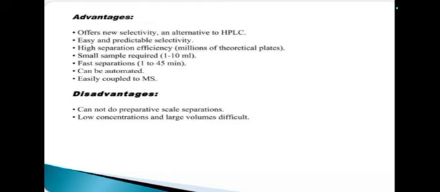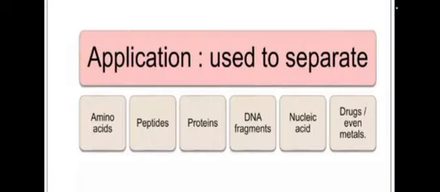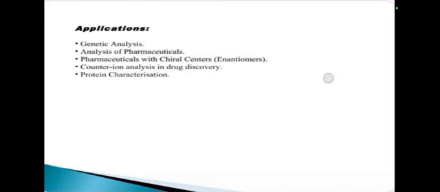Disadvantages: cannot do preparative scale separations, low concentration, and large volume defects. Next we saw the applications. The main applications are used to separate amino acids, peptides, proteins, DNA fragments, nucleic acids, and drugs. This is what we saw today. Thank you.